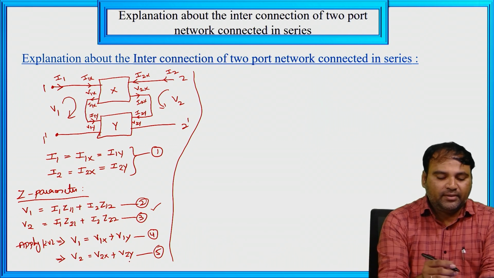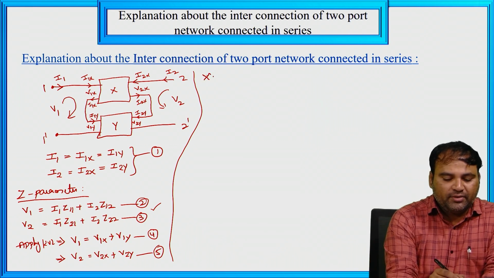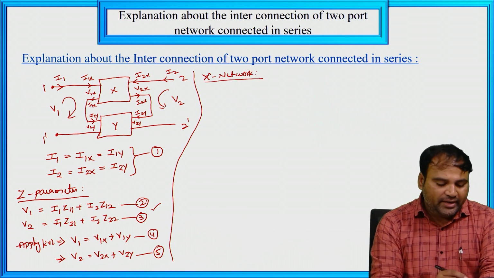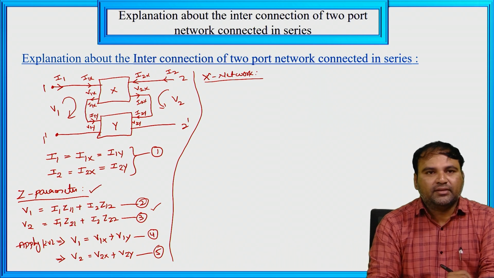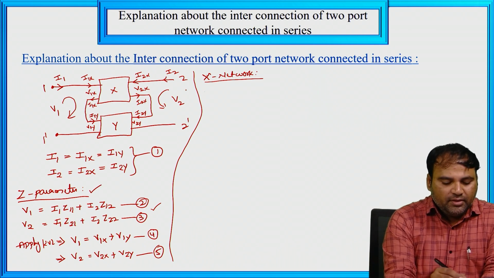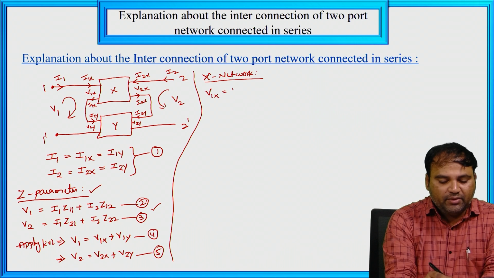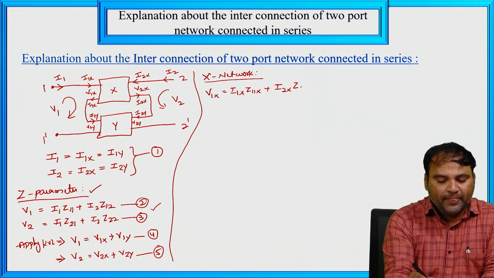So now for the X two-port network, we have to write in terms of the Z parameters. For the X network, the input voltage V1x equals I1x into Z11x plus I2x into Z12x.